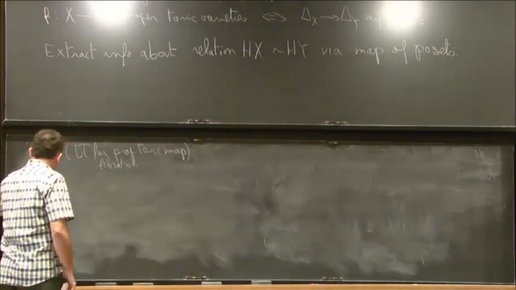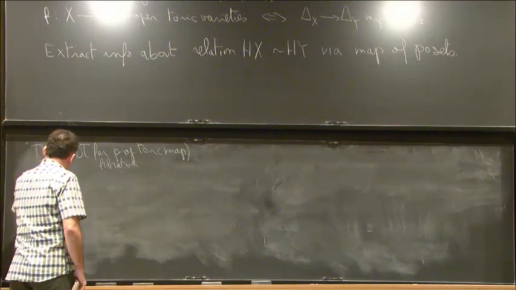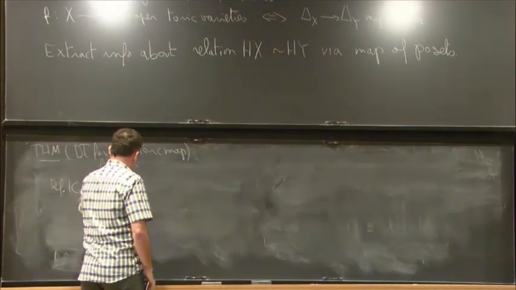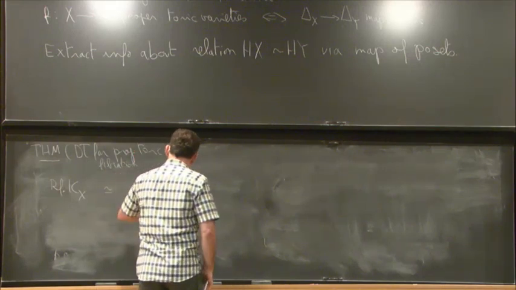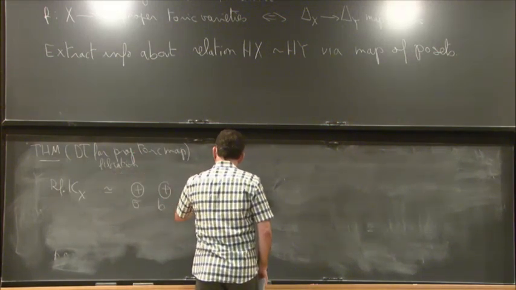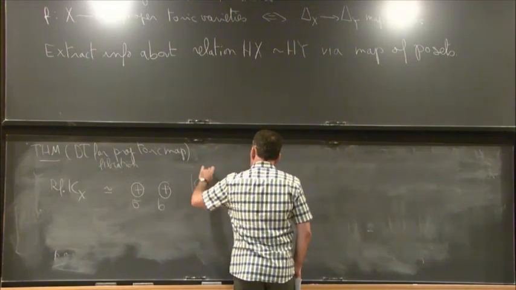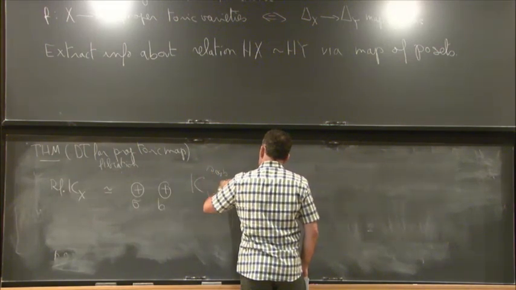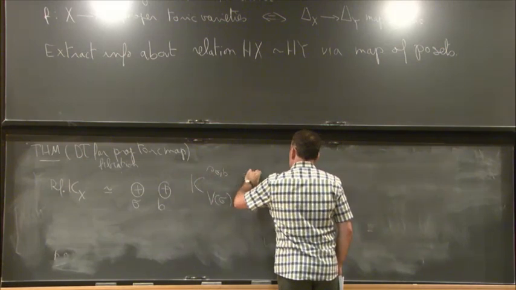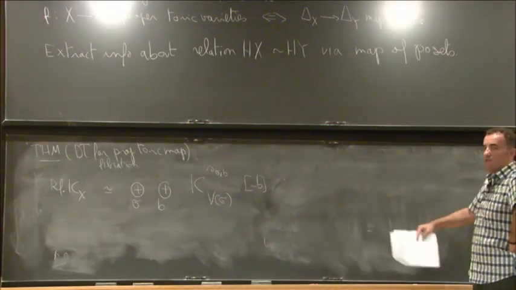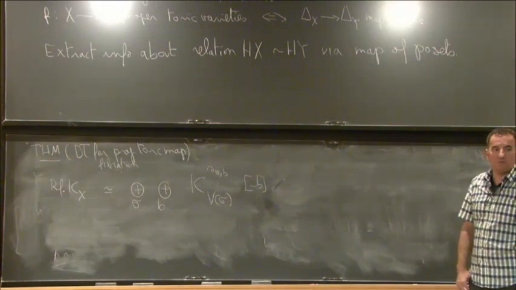So for a fibration, the direct image of the intersection complex of X is isomorphic to the direct sum over the cones, direct sum over the integers, of intersection complexes of closed orbits with suitable coefficients and twists, shifts. So also this, I think everybody would expect to be true.